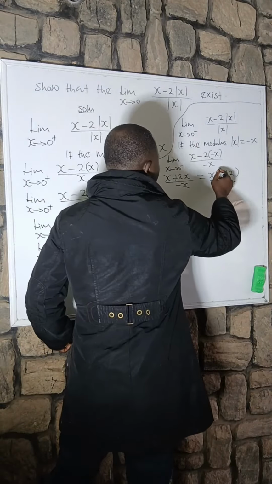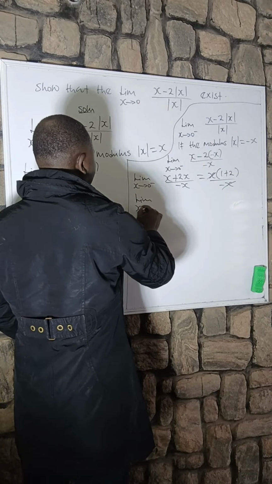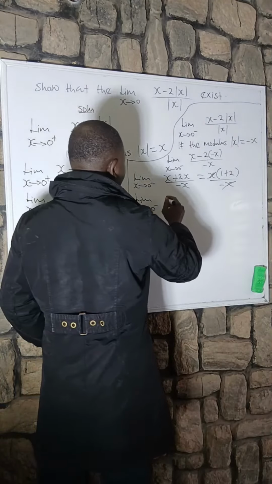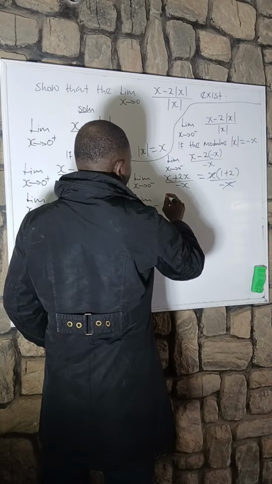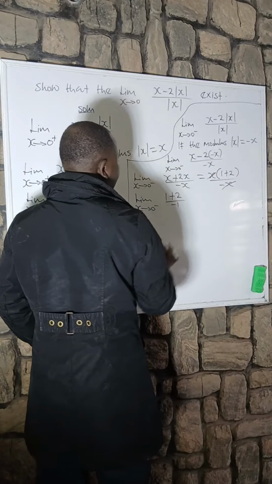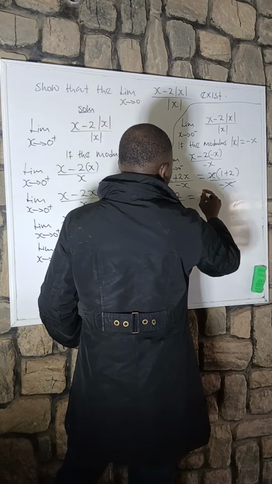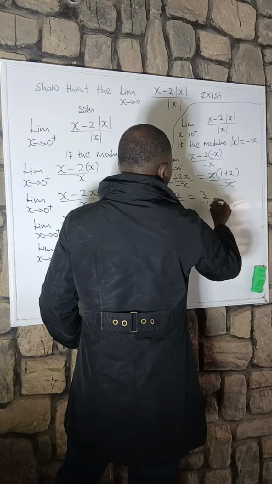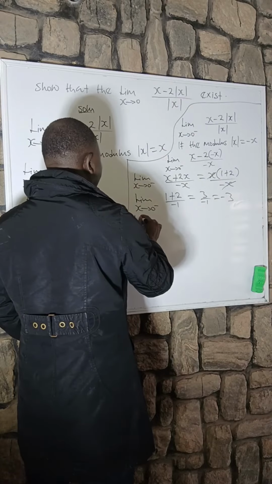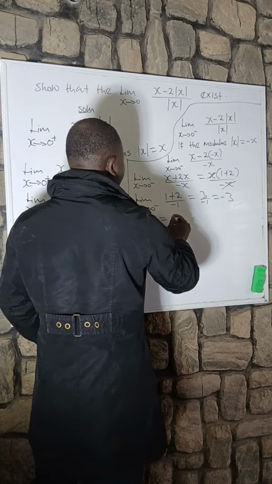So this and this will cancel. This implies that the limit as x tends to 0 minus is 1 plus 2 all over minus 1, true or false? So this is 3 all over minus 1, which is equal to minus what? 3. So you can now see that the limit as x tends to 0 minus is equal to what?